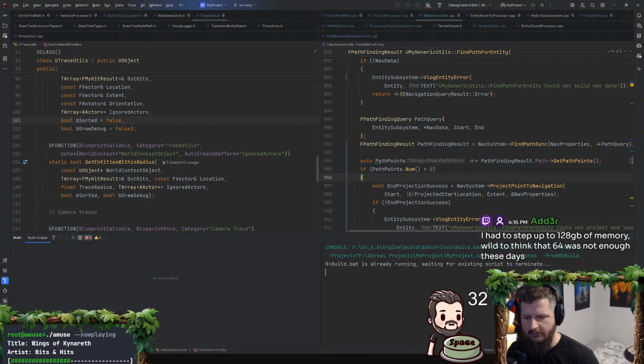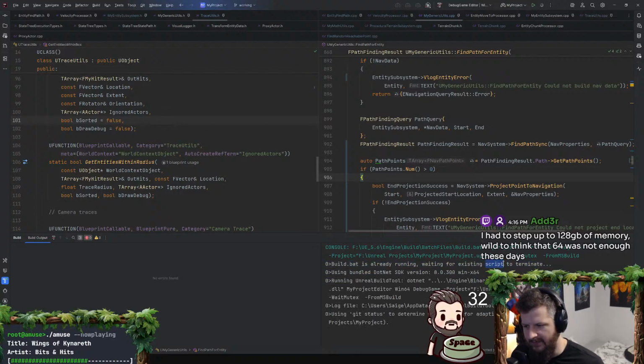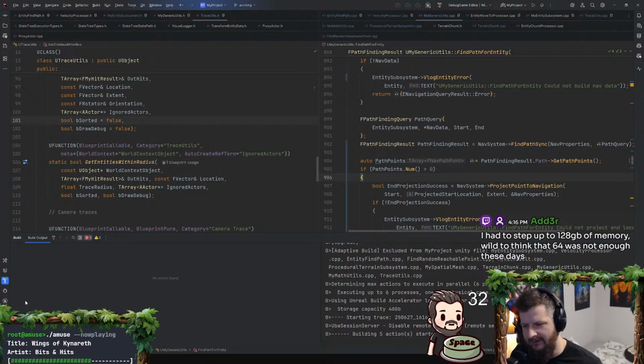Adder, welcome in. Had to step up to 120 gigs of memory. Wild to think 64 is not enough these days. I feel like 64 is enough, but 128 is really nice to have, right? I've got 2 open slots right now. I could go up to 128 if I needed to. I was doing 32, and that was rough.